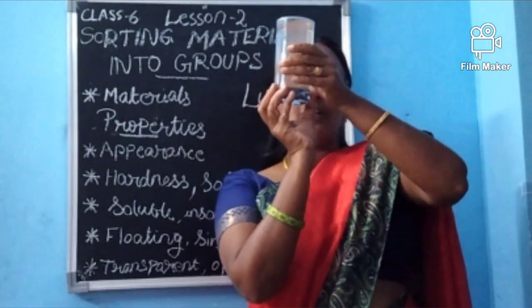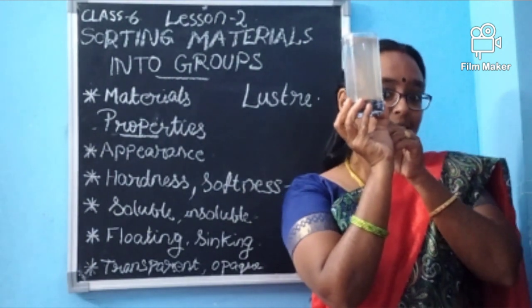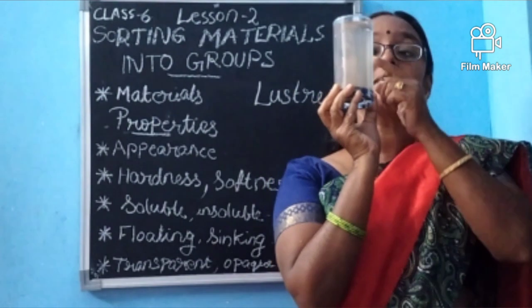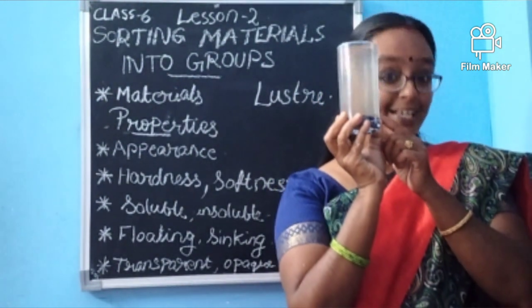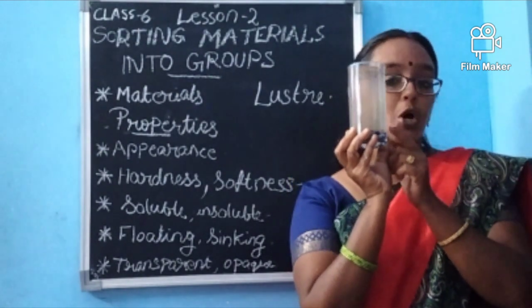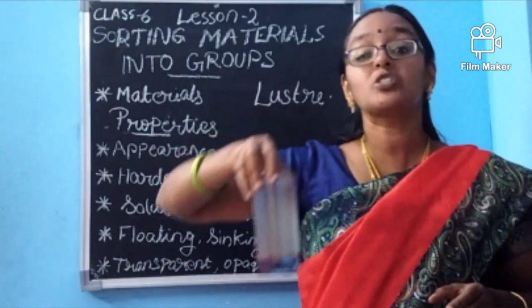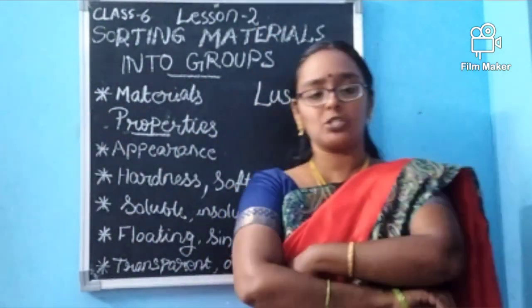Is it dissolving or is it settling down? Can you see the sand settling down? The sand is settling down here, right? Why? Because the sand particles are not able to be dissolved fully in water, right? So this is called insolubility. There are things which are soluble, and there are many other things which are insoluble in water. Is it clear? This is about solubility and insolubility.